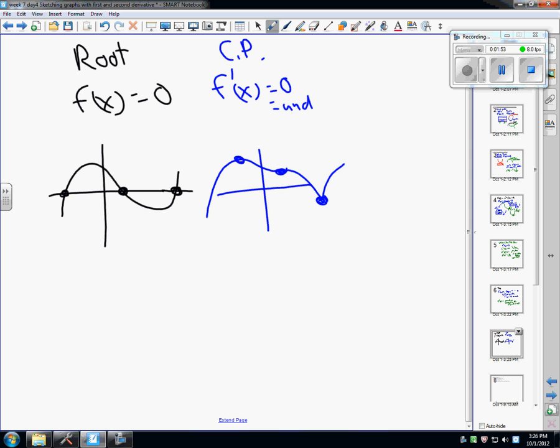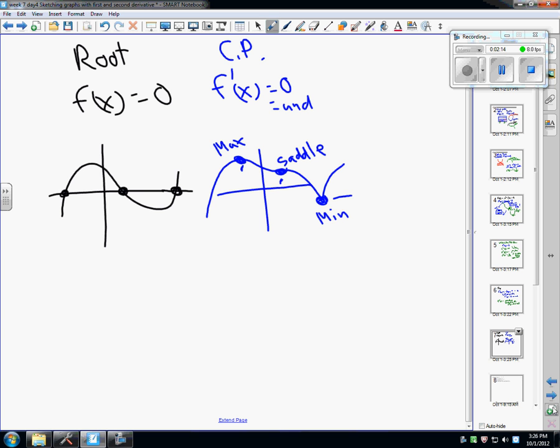Notice I have a max here. This is just a saddle. This is where it's undefined, but it is a minimum there. So this is a horizontal tangent, and that one's a cusp, where the derivative is undefined.